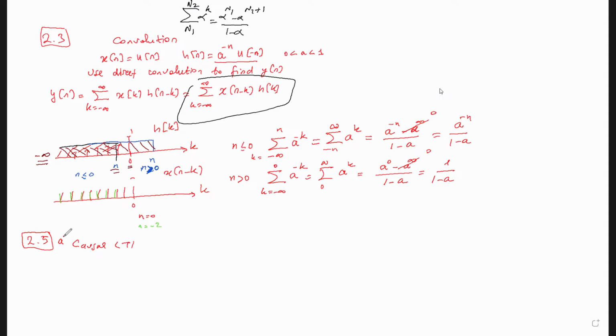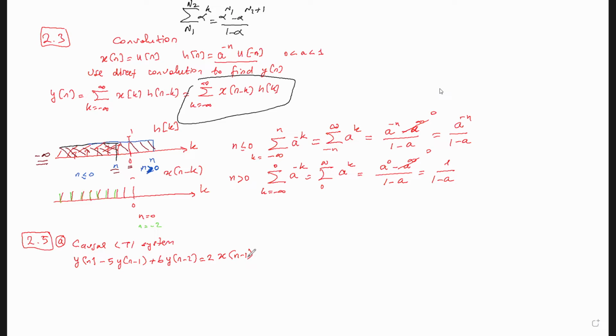By the way, I am solving part A. And y of n minus 5y of n minus 1 plus 6y of n minus 2 equals 2x of n minus 1.